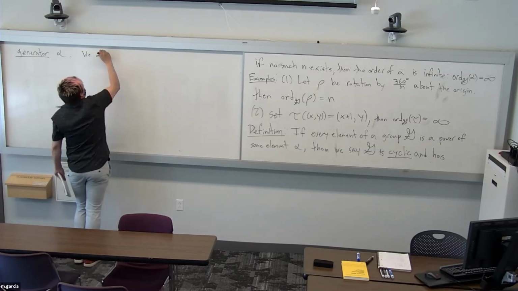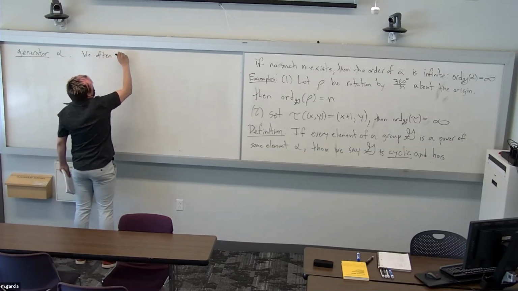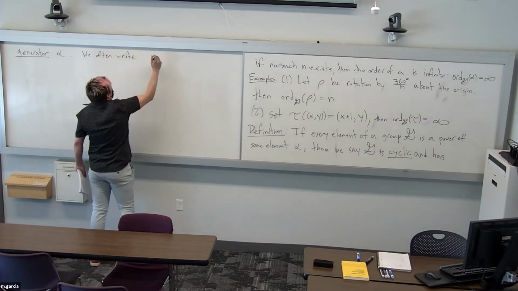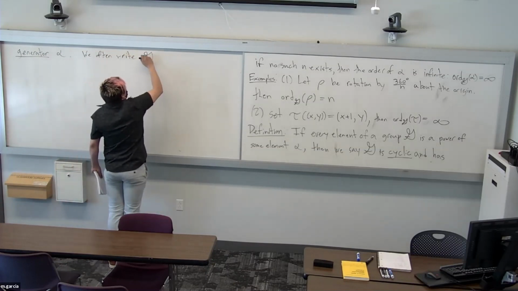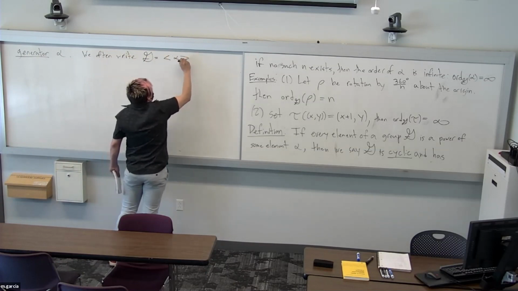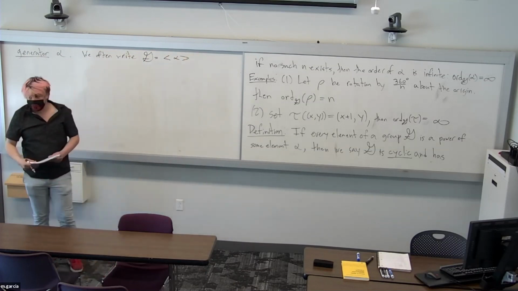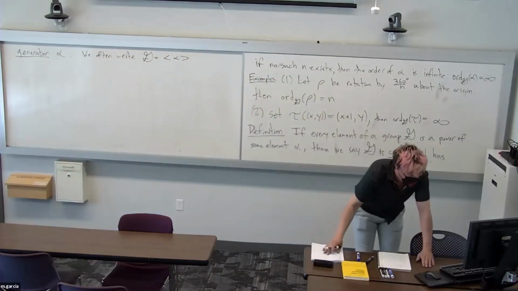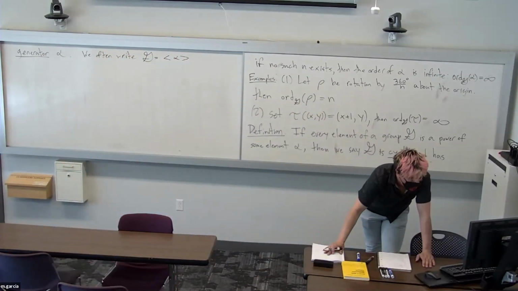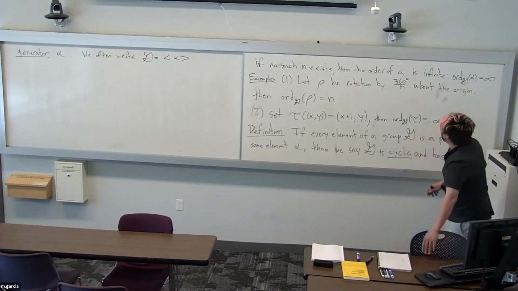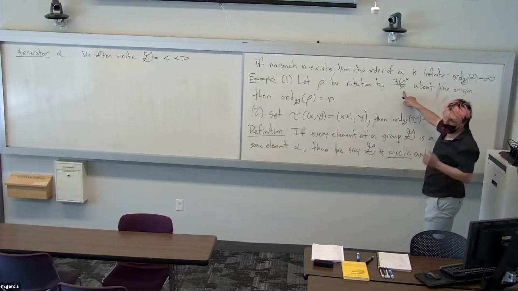We often write G is equal to angle brackets alpha. Oh, sorry. Anirudh asks, are we assuming n in example 1 is an integer? Yes, sorry, I should have said that.